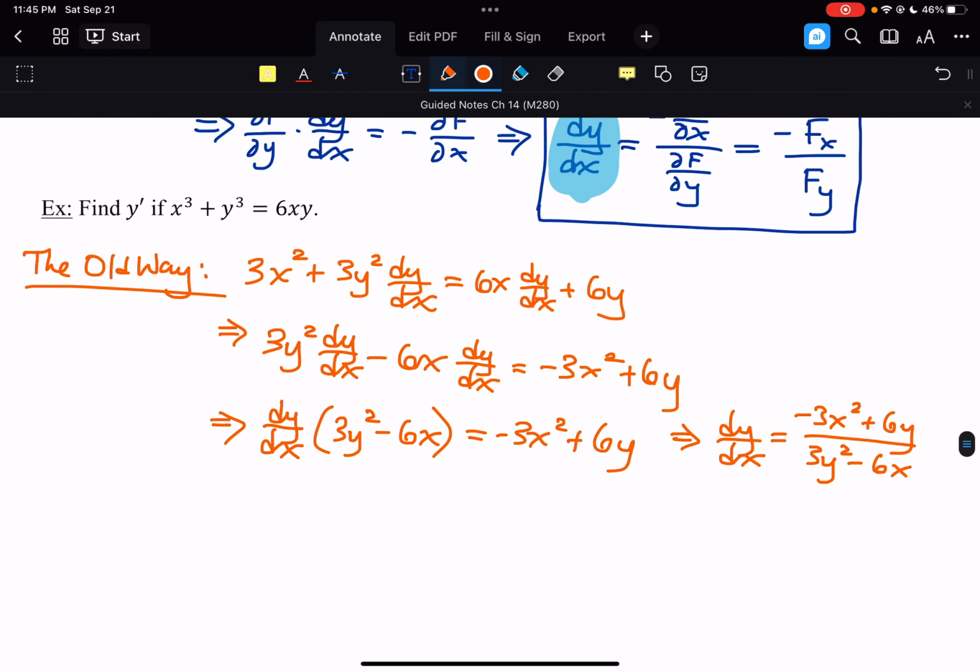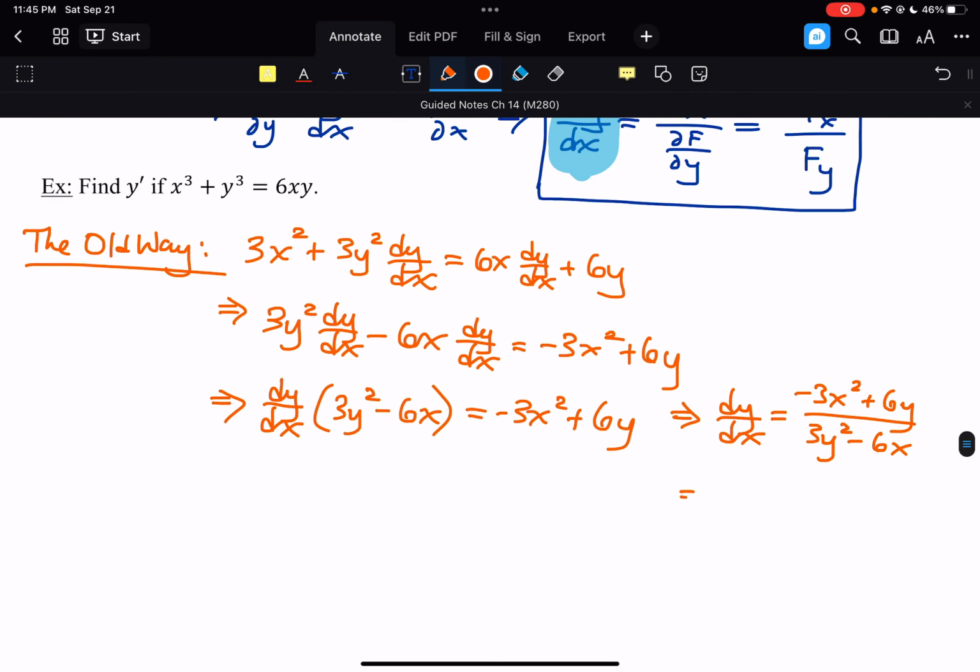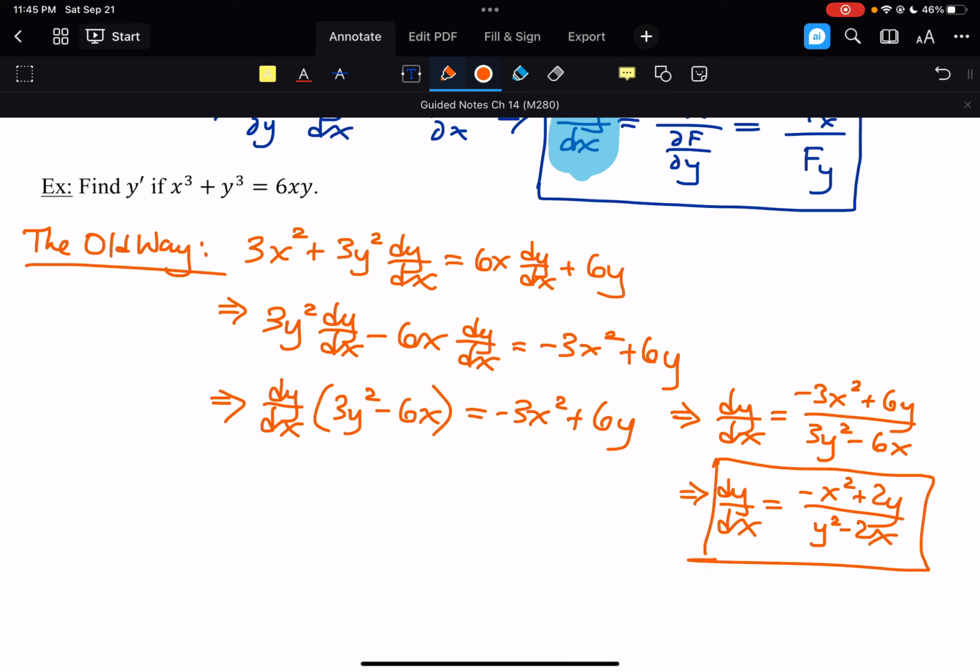Okay, or some version of that, right? We can take out the common factor of 3 to get negative x squared plus 2y over y squared minus 2x. And that would be our derivative found using implicit differentiation.